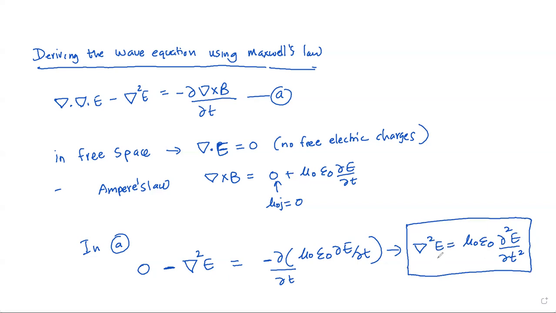So the electric field is behaving in this manner. Okay, so electric field is available on both sides of the equation, right? And we can see this same type of equation available in physics to describe the wave equation.